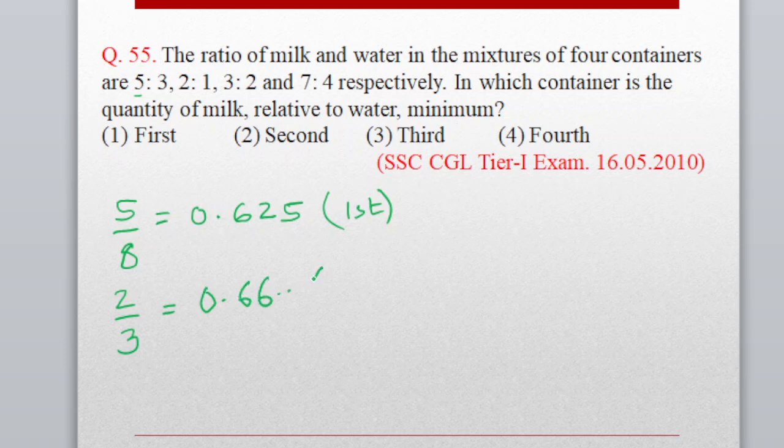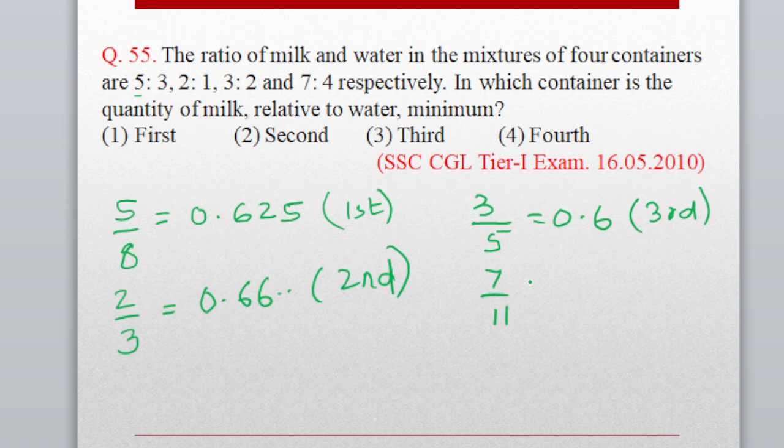So that is equal to 0.66 in the second container. And in the third container it is 3/5, so that is equal to 0.6. Now in the last container, the fourth container, it is 7/11.